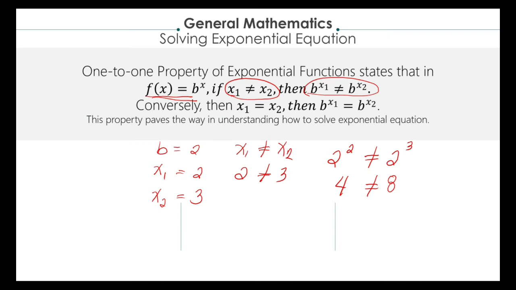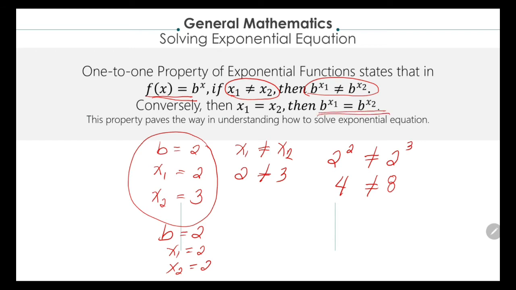Okay, anong ibig sabihin nun? So again, gamitin ulit natin ito, your base is 2. Then, if x sub 1 is equals to x sub 2, so kung ang x sub 1 mo ay 2, ang x sub 2 mo rin ay 2 because x sub 1 is equals to x sub 2. Then, b raised to x sub 1 is equals to b raised to x sub 2.